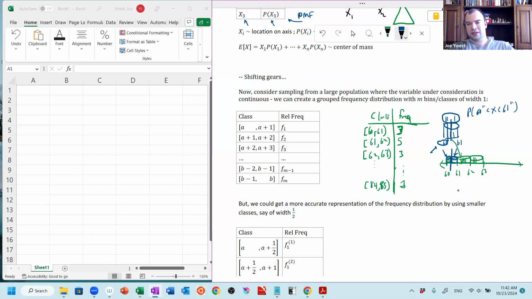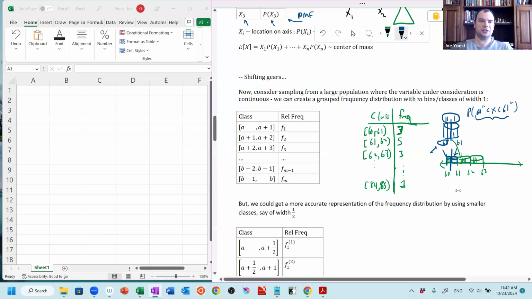If I refine, then this counts up 2 bins, each of which is a 1/2 inch wide. If I refine further, this probability counts up 4 bins, each of which is a 1/4 inch wide. If I refine further, this probability counts up 8 bins, each of which is 1/8 of an inch wide. I'm still getting these 3 outcomes because I'm counting up more bins, each of which contains fewer outcomes.